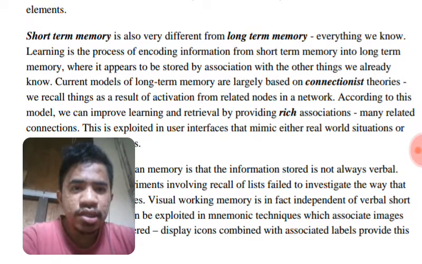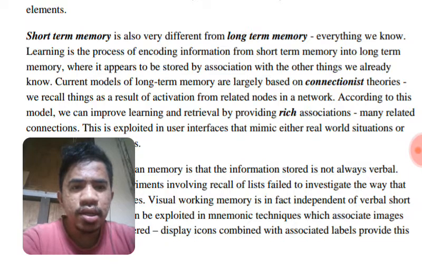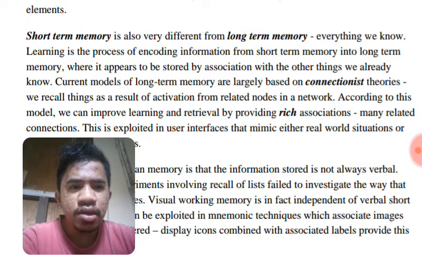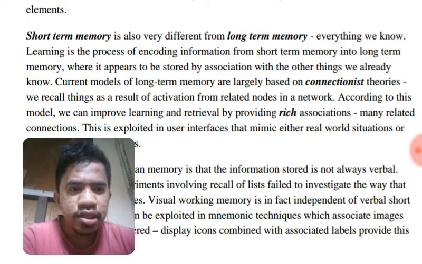Short-term memory is also very different from long-term memory. Everything we know, we learned. Learning is the process of encoding information from short-term memory into long-term memory, where it appears to be stored by association with other things we already know. Current models of long-term memory are largely based on connectionist theories.